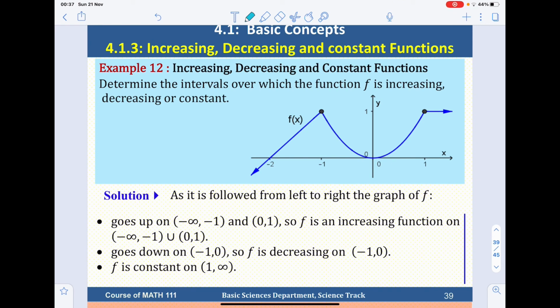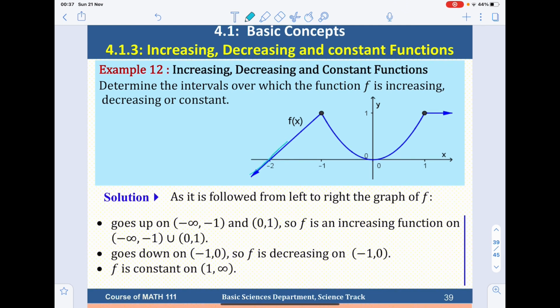In this example, we also want to find the increasing, decreasing, and constant intervals of the function. This part is increasing, and also this part is increasing. This is going down, so this is decreasing.